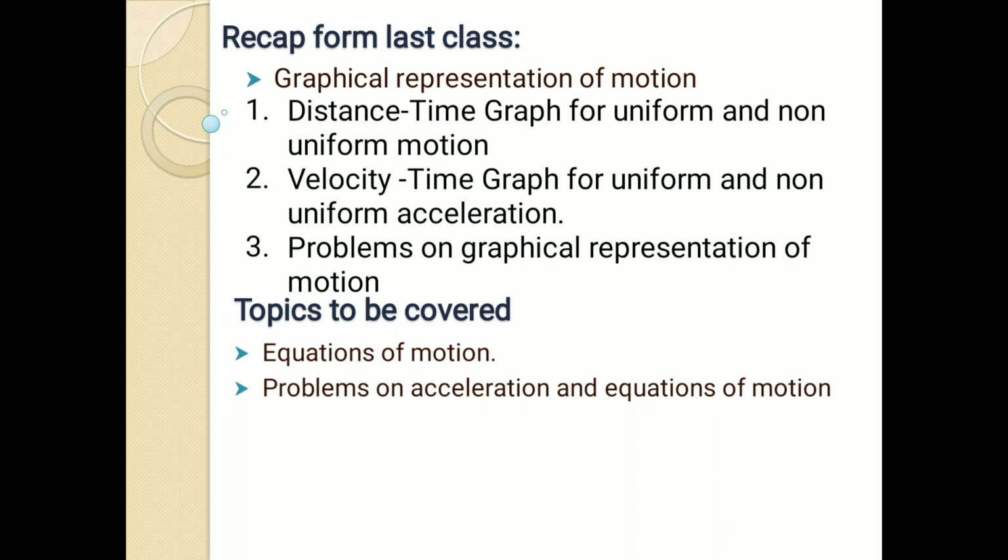For non-uniform acceleration, it's a curved line. Next, we discussed problems on graphical representation of motion, where we found acceleration and the type of acceleration by using the velocity-time graph.